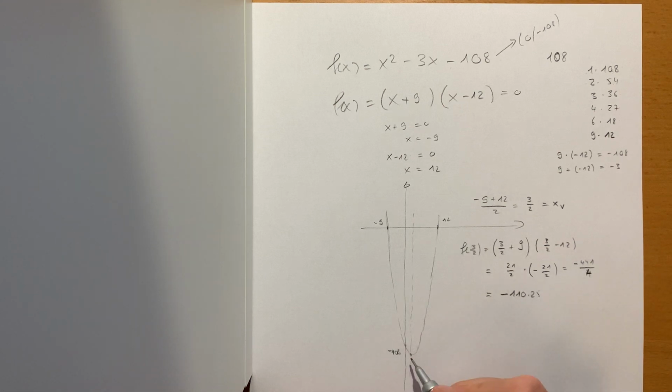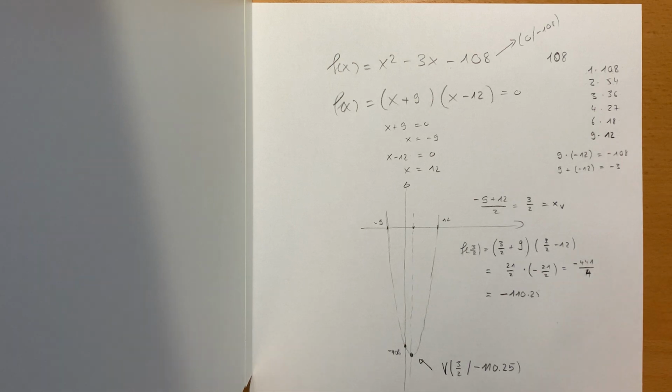And that does make a lot of sense, because your vertex is obviously a bit lower down than your minus 108. So here you have your vertex at 3/2 and minus 110.25.